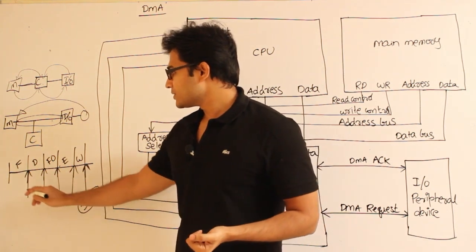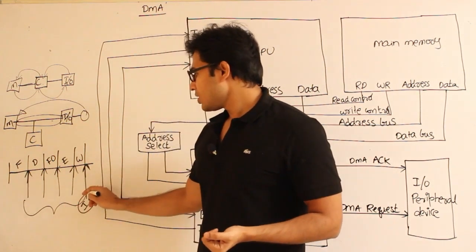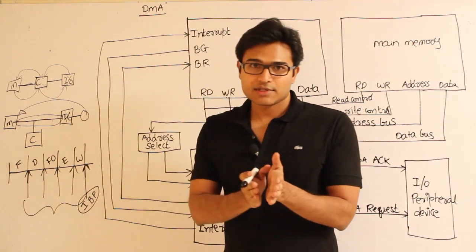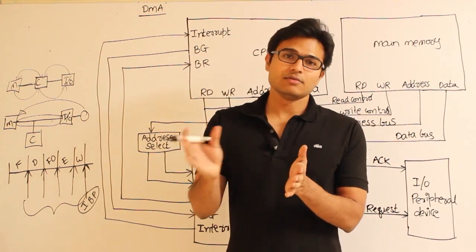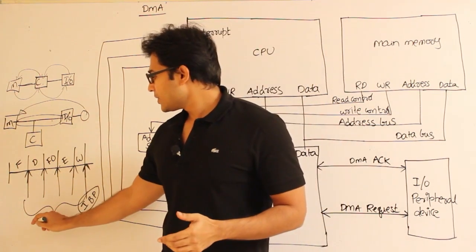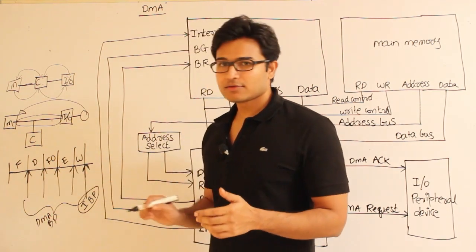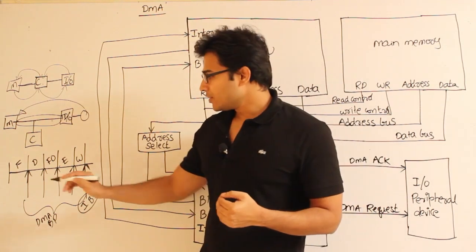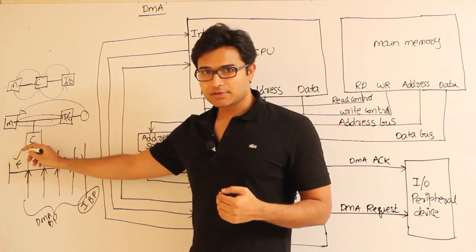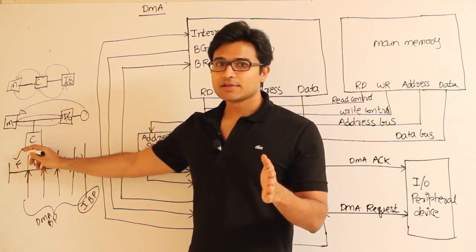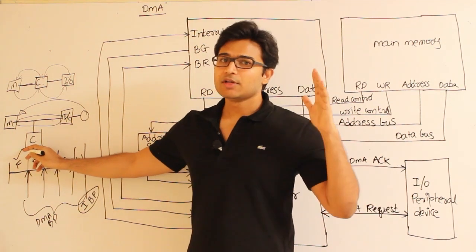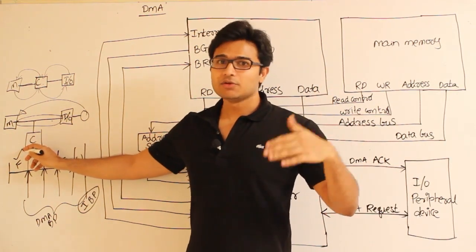So at any of these places, whenever there is the end of a cycle, you can decide whether to give the bus or not. So DMA breakpoints can be anywhere. By this I mean that if you have just finished fetching the instruction, then you can leave the bus to the DMA. DMA will use the bus for some time and again give you back the bus.